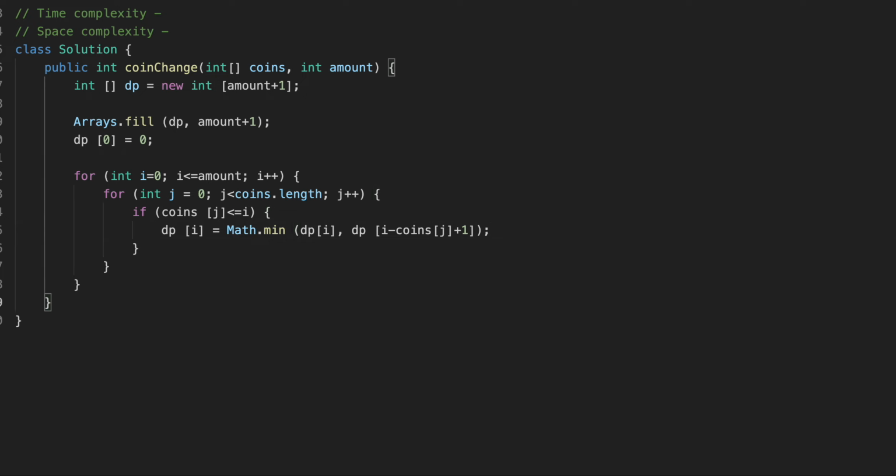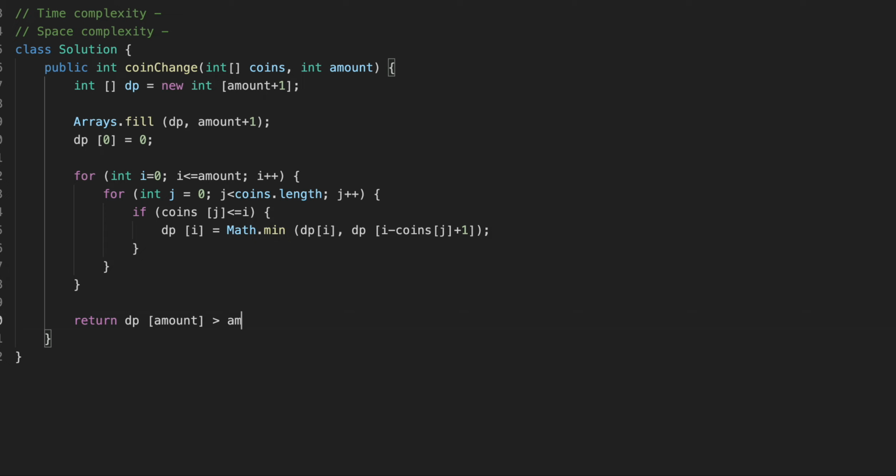And at the end, once we exit this loop, we have solved all the subproblems and built up to our solution. So now we are returning dp[amount]. But if it is more than our amount, it means that we haven't found coins that make up our amount.